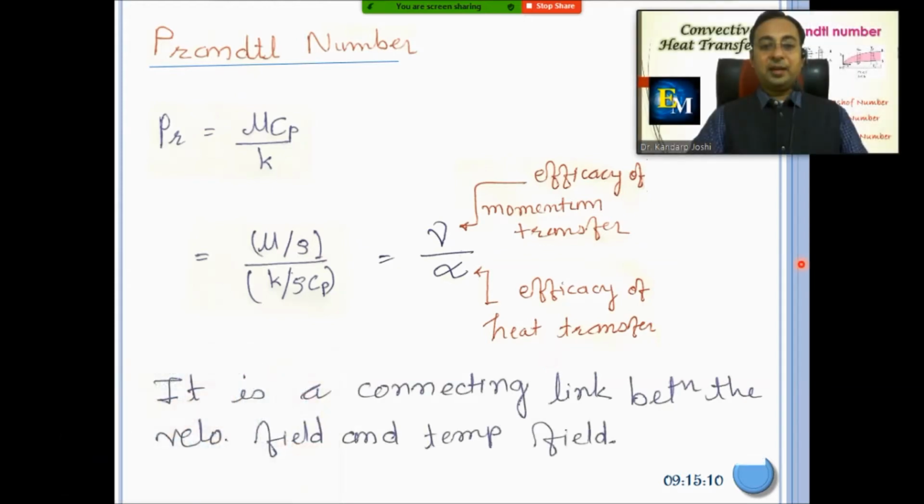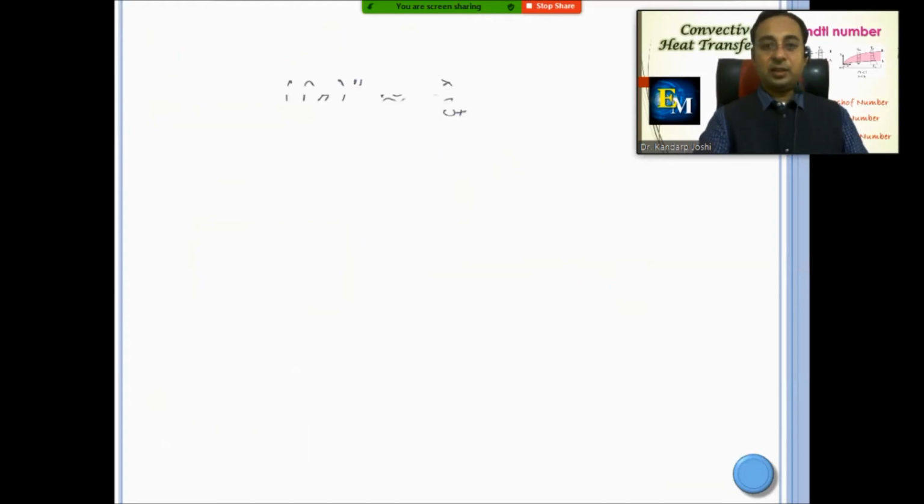So for the Prandtl number, you need to write the equation, and that Prandtl number is a connecting link between velocity field and temperature field. So Prandtl number is nearly equal to the ratio of delta by delta T. Delta is the velocity boundary layer and delta T is the thermal boundary layer thickness.